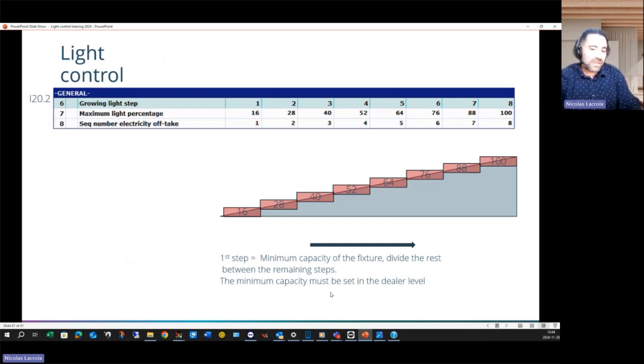If it's set to 0, even if you have your first step here at 16, the light will be able to modulate below 16. Normally the manufacturer will tell you, okay, my minimum light is 20% or a certain number, so just follow the manufacturer recommendation for that.